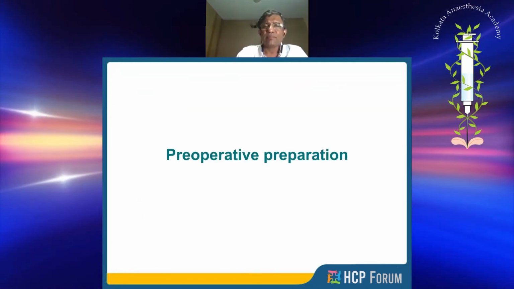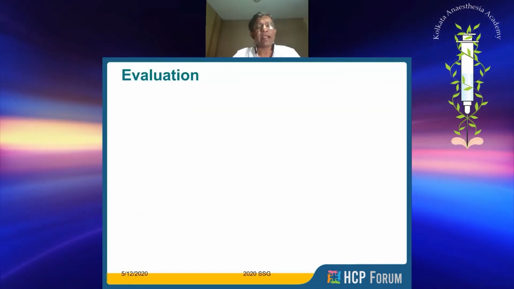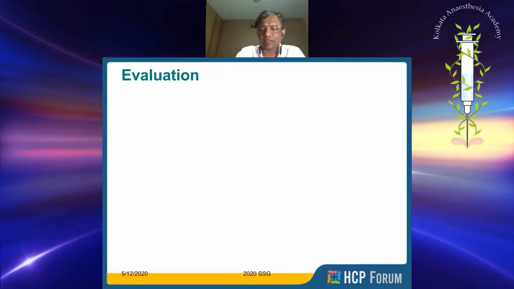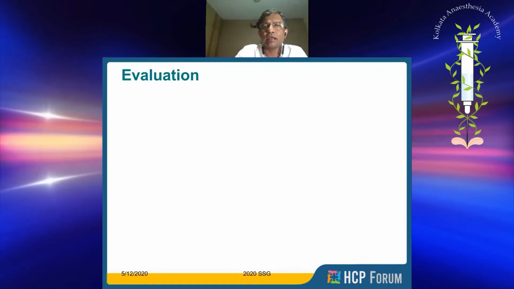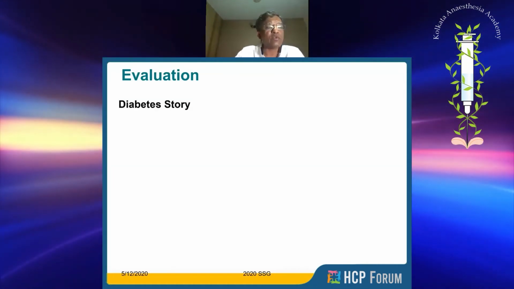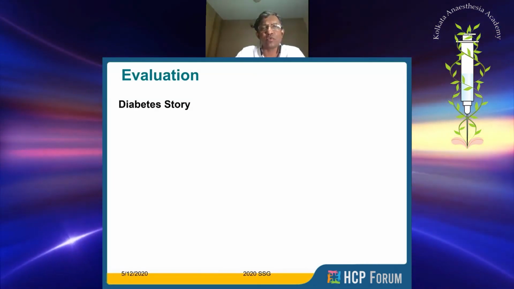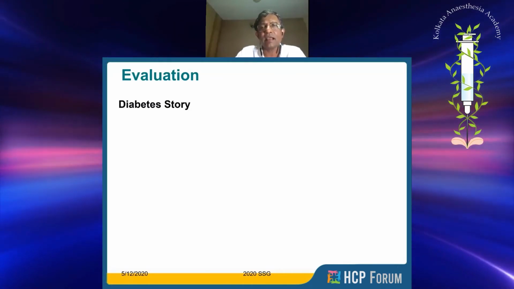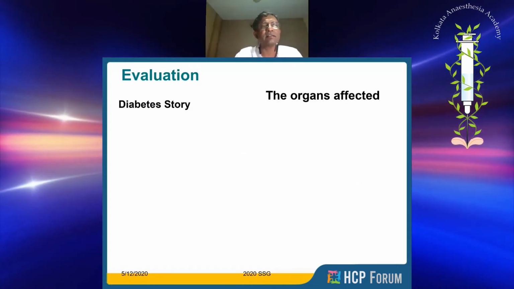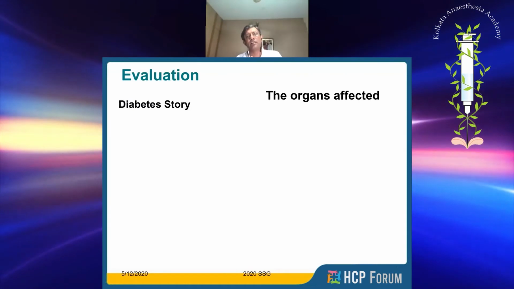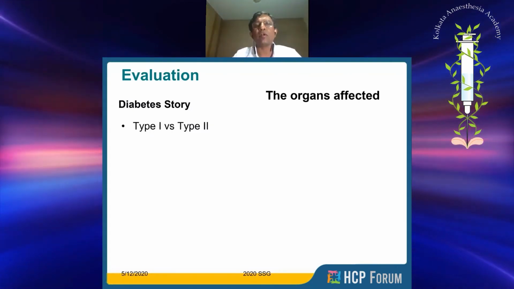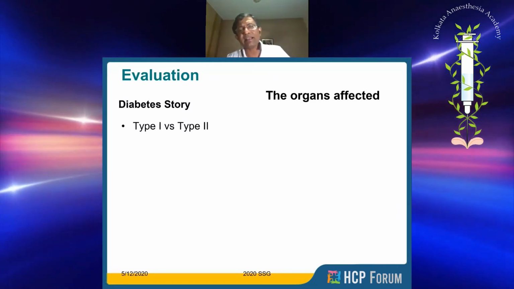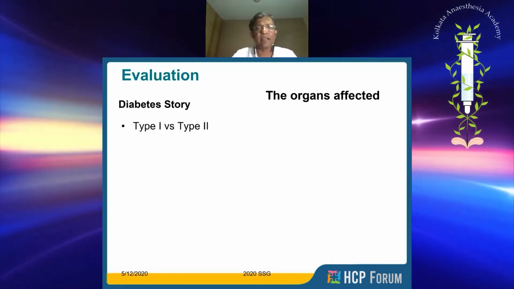So when you're looking at preoperative preparation, and then evaluation, what are you trying to evaluate? You are trying to evaluate two things: the story of the diabetes and the organs that are affected. Now, what are you trying to figure out from this diabetic story? What kind of diabetes it is, and I think this is the easiest to figure out.